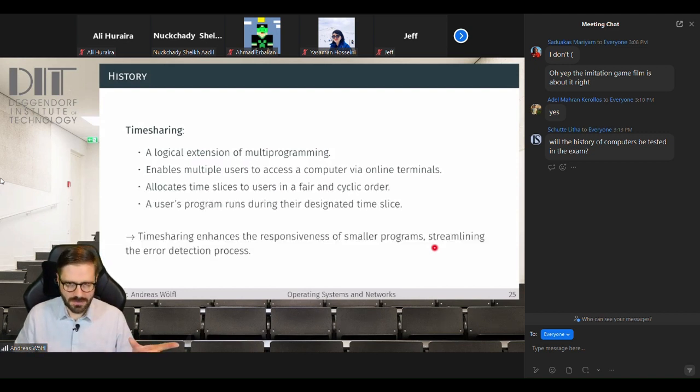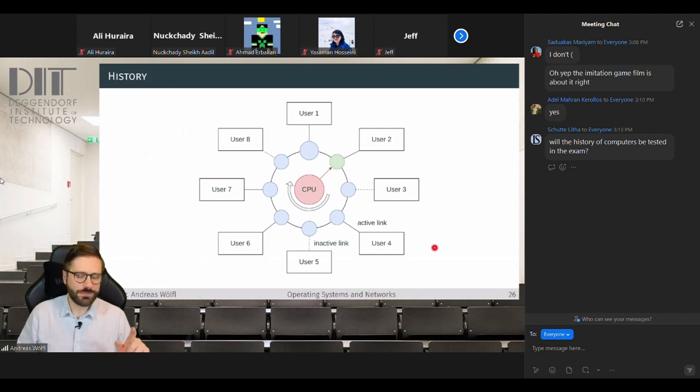Let me put up this slide. The concept works as follows. Imagine that we have 8 users that want to use the computer and want to use the CPU. Time sharing means that in a cyclic manner, every user is assigned a time slice where the user can use the CPU.